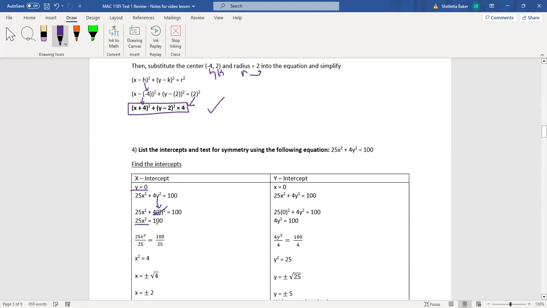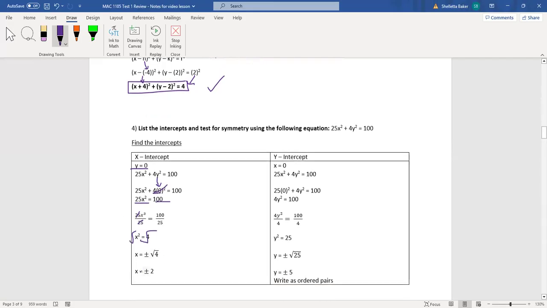Divide both sides of this equation by 25. And see the 25s will cancel on the left side, leaving us with x squared. On the right side, 100 divided by 25, we get 4. And again, we're going to take the square root of both sides. So x equals plus or minus the square root of 4, or plus or minus 2.